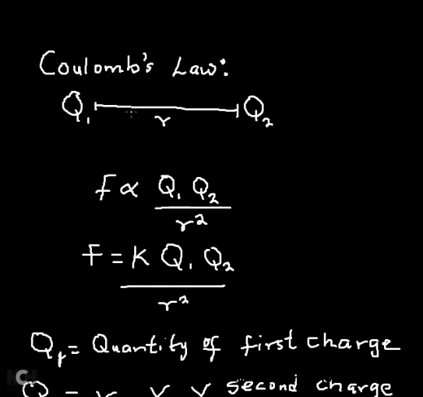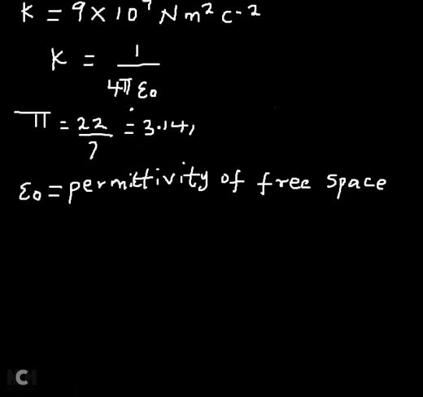Air has almost the same value as the permittivity of free space, so air is almost regarded as free space. Let's say the charges are just found in air. So that gives us the constant known as permittivity of free space, and its value is equal to 8.85 times 10 raised to the power of minus 12.